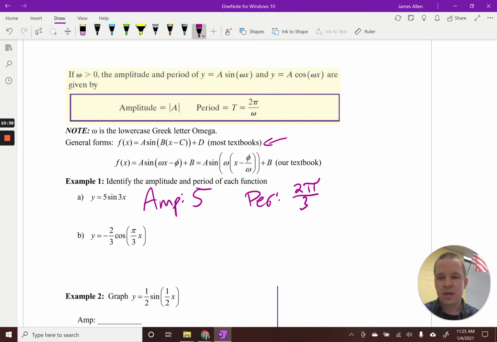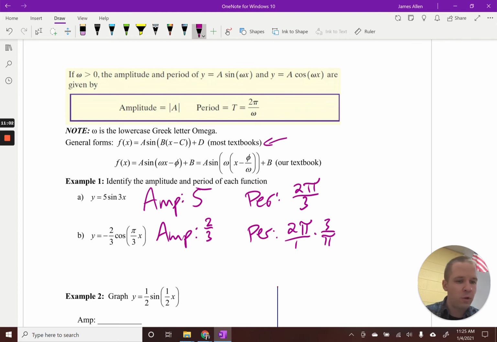No big deal. Now the next one we got, fractions. First off, our amplitude is going to be positive 2/3. Then our period, I'm going to take 2 pi and divide it by pi over 3, which is really like multiplying by 3 over pi. And if it helps, you can throw that over a little 1, because fractions can be scary.